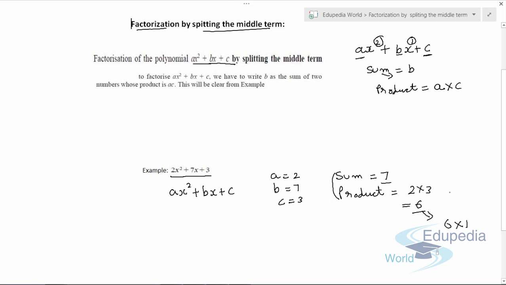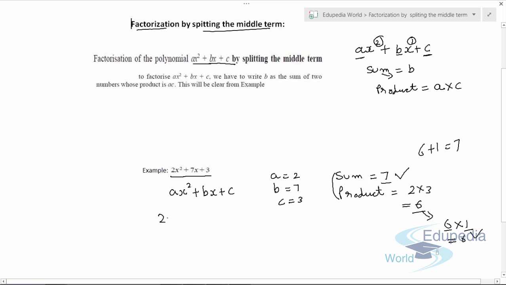How? Let's see. The product of 6 into 1 is 6 and the sum of 6 plus 1 is 7. So it satisfies both criteria. This means we have two factors, 6 and 1. So this is how you split the middle term.